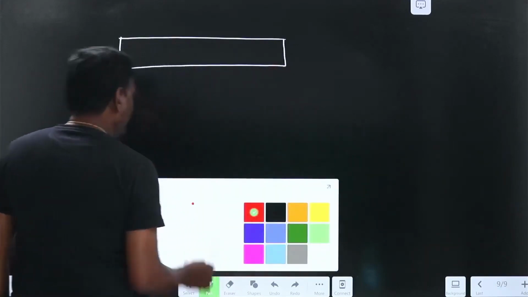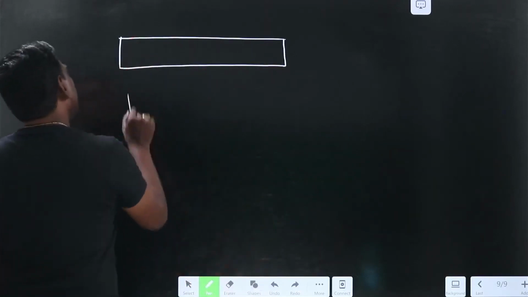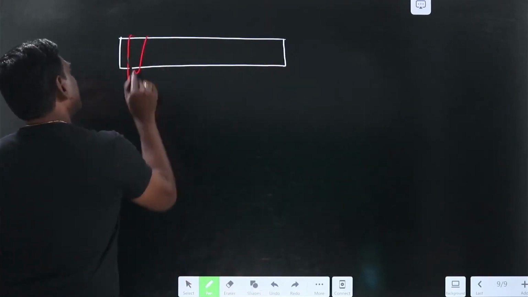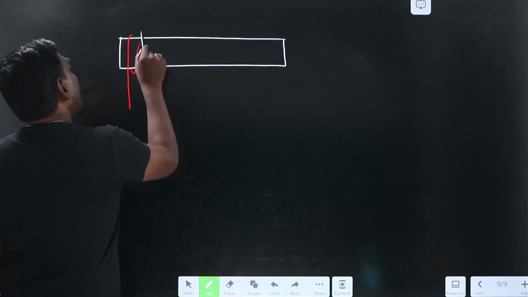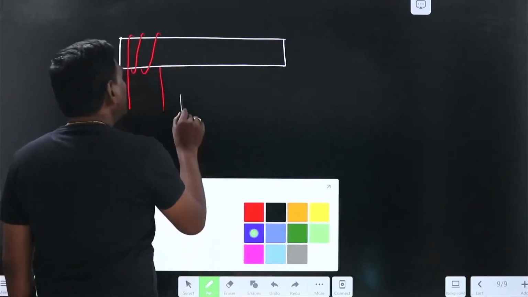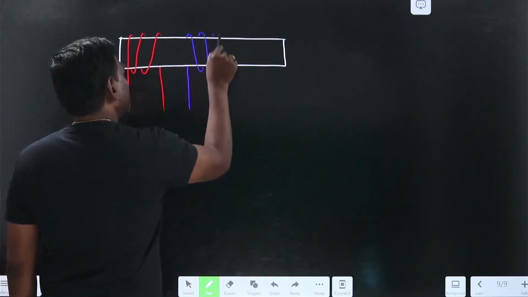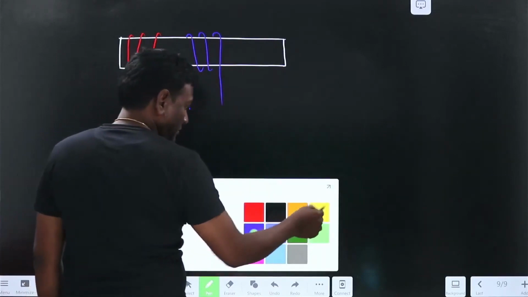Let me have red, okay, red, and after that blue, and after that yellow.